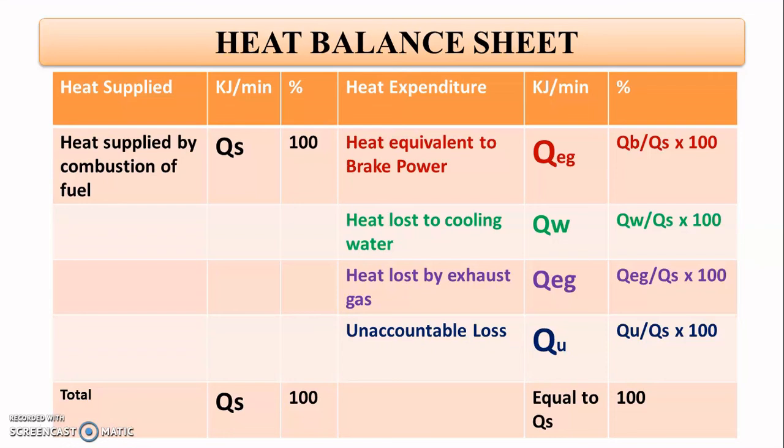And unaccountable loss is QU upon QS into 100. So in this way, we will calculate the heat supplied and heat expenditure, and then we will check the balance. Whatever the heat supplied by the combustion of fuel should be equal to the total heat expenditure, and we will say our heat balance sheet is prepared.